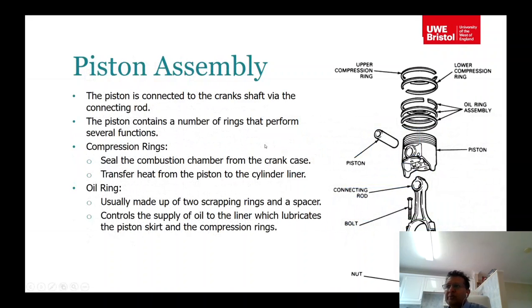And then we'll look at the piston assembly. In the piston assembly, you have the piston, then you have 3 oil rings, and then compression rings as well. The compression rings are spring loaded so that they close the gap between the cylinder and the piston.